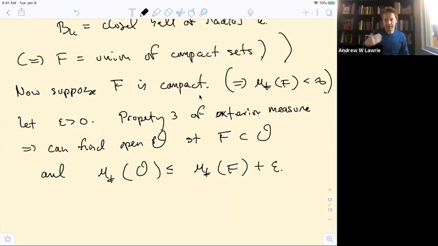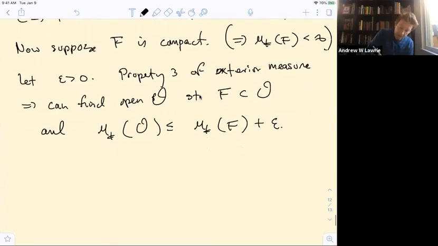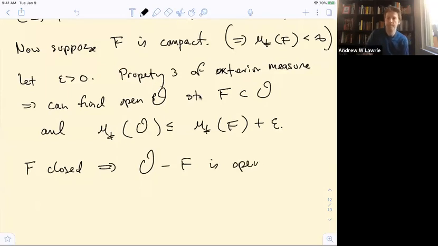Remember, the exterior measure is given by taking the infimum over all open sets containing that set. Since F is closed, O minus F is open; this is the complement of a closed set, which is open.